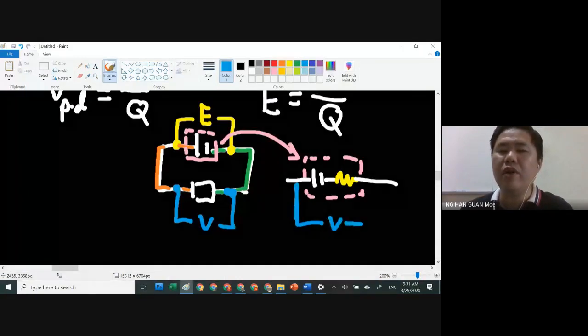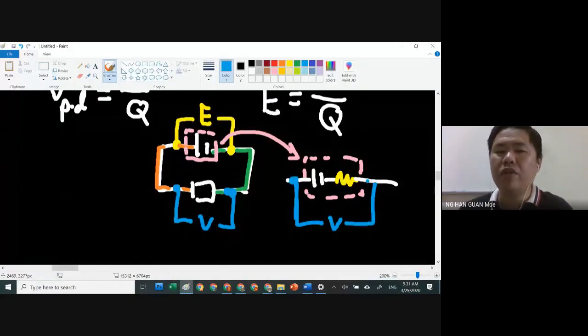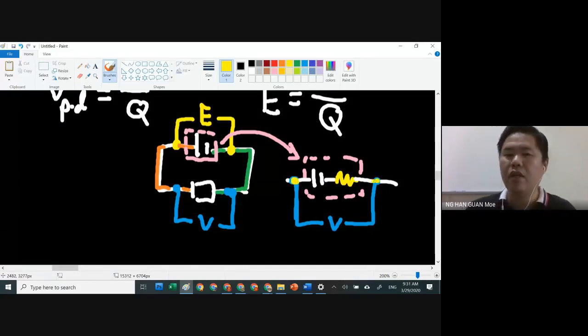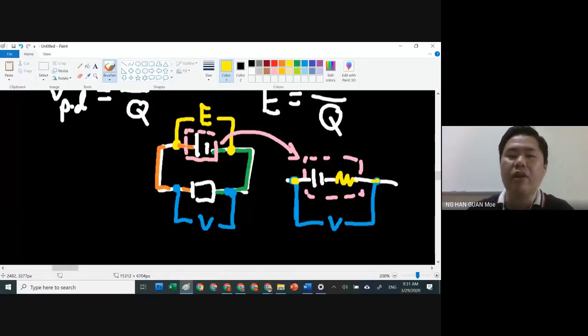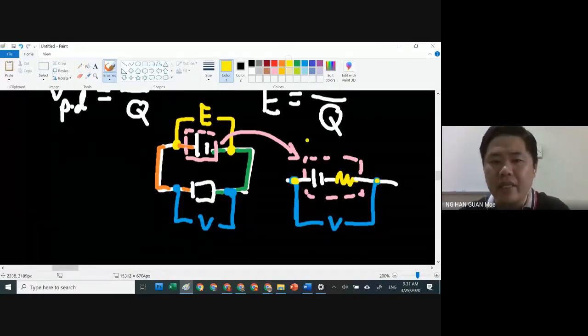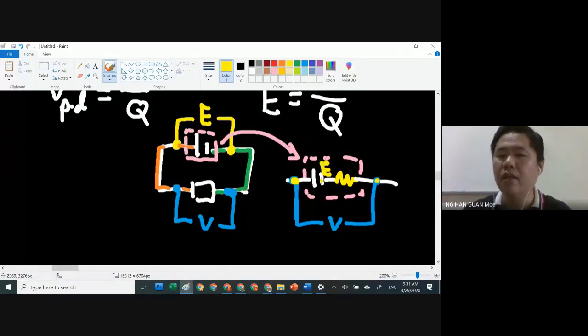Right? So you measure a potential difference across 2 points. Because of the internal resistance, there will be work done to overcome it, so what you measure, you have to minus. So that's why the voltage, or potential difference, is always less than EMF. Because the EMF is exactly inside here.